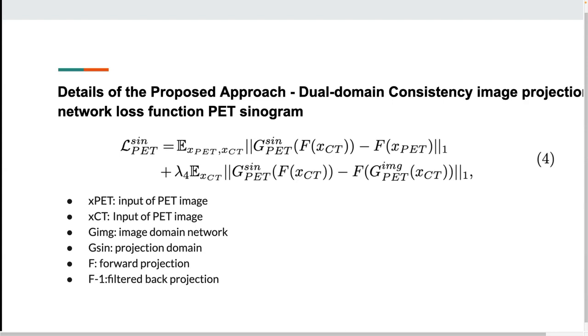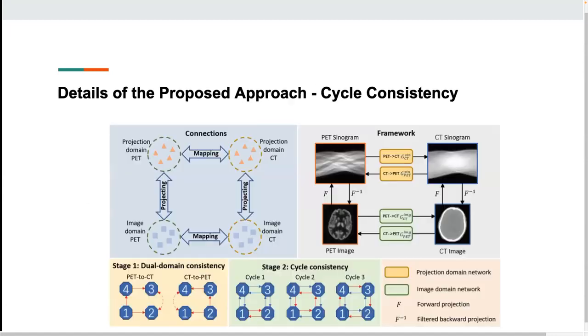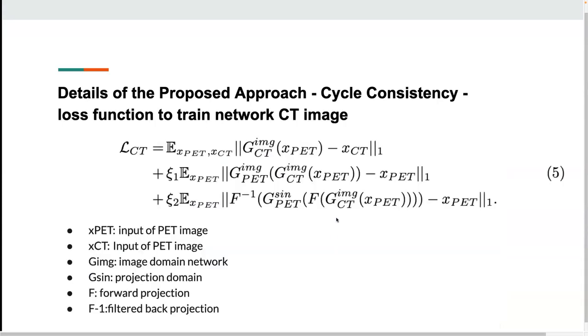And this is for the first stage of the framework. The second stage is the cycle consistency, which has 3 cycles: cycle 1, cycle 2, and cycle 3. Why have they developed a stage 2 cycle consistency?